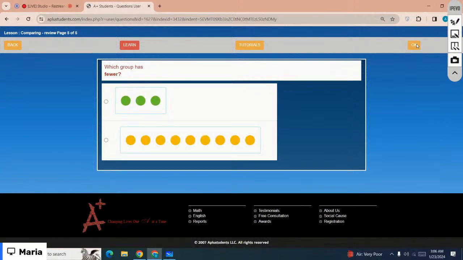Which group has fewer? Yes, the green group has fewer. Option number one is the correct option. Very good.